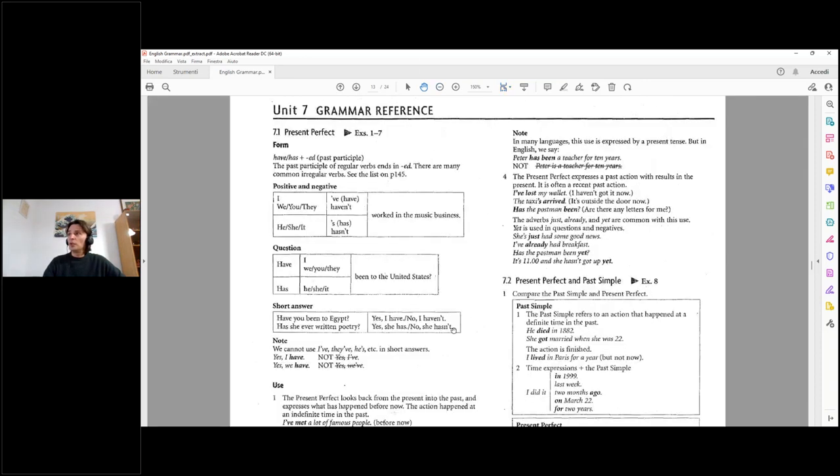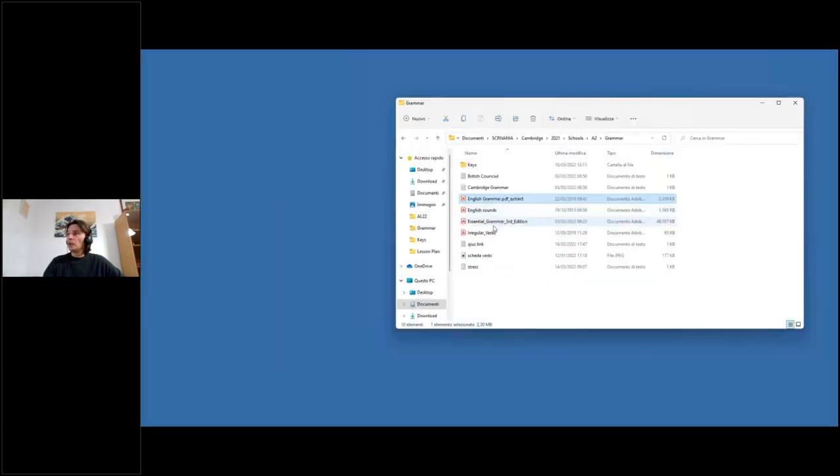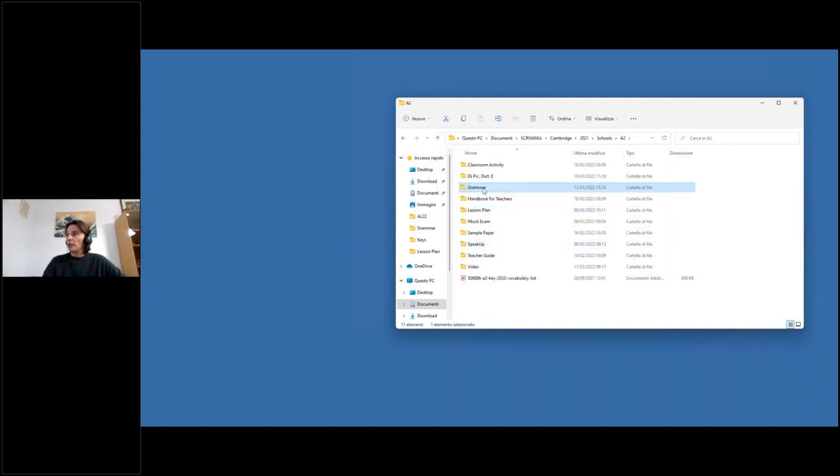So before we check these exercises, I think that we should actually look at our class folder. I remember last time I also told you that today we were going to do a mock exam. A mock exam means a simulation exam.